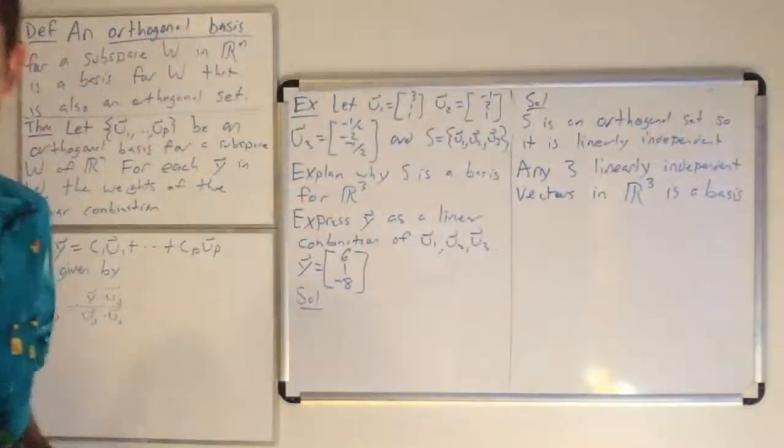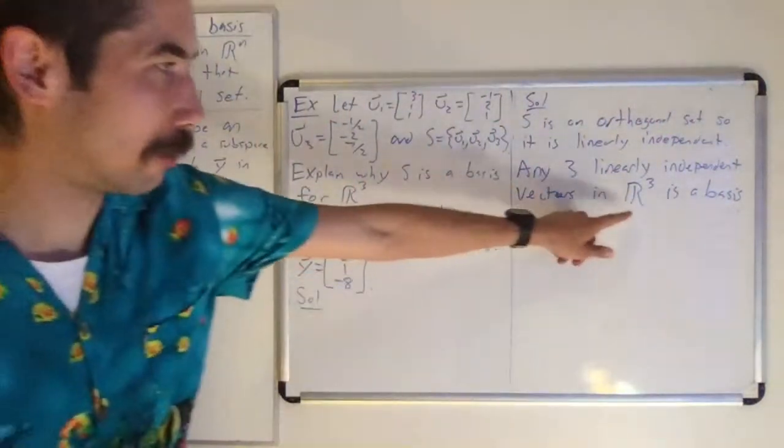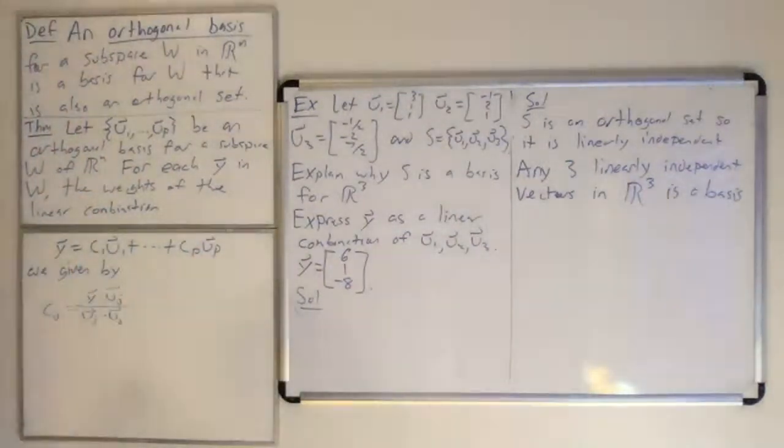Why is that true? That's true because the dimension of R3 is 3. So we had a theorem that said if you have a dimension n subspace and you have n linearly independent vectors, it's automatically a basis.